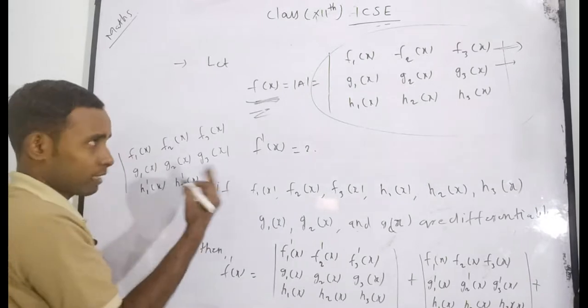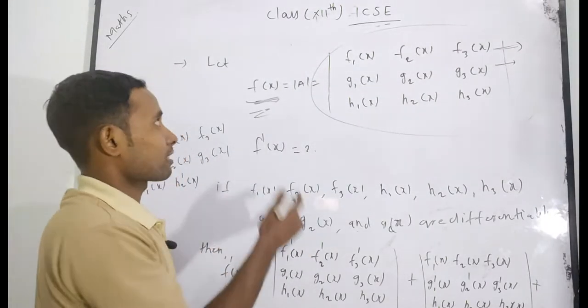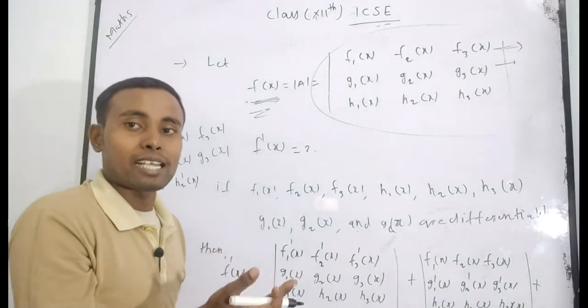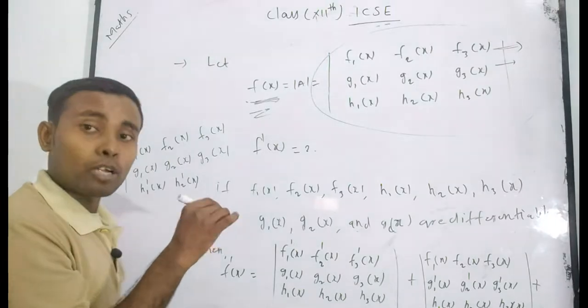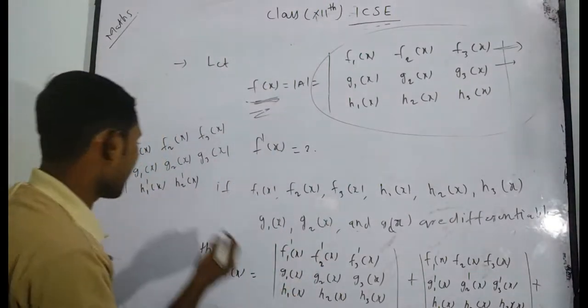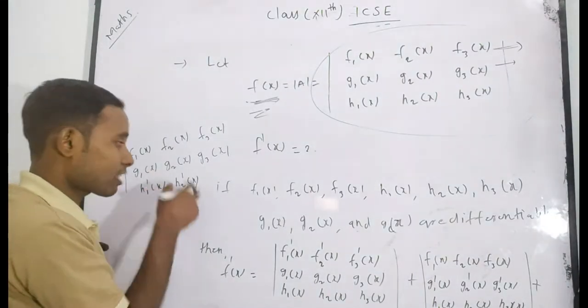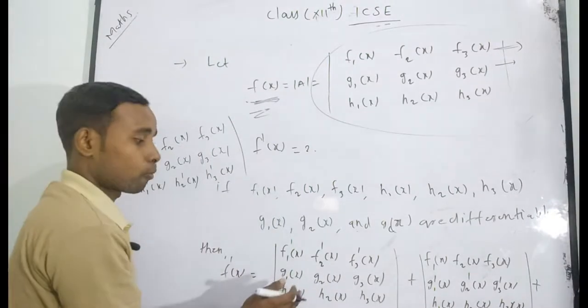I have already discussed many times that the derivative of any function, dfx by dx, is also denoted by the symbol dash, that means f dash x or dfx dx, both will be the same. There will be h1 dash x, h2 dash x, h3 dash x. This is your third part.